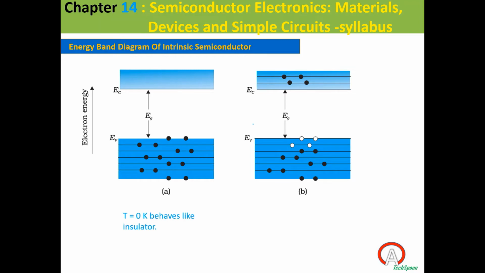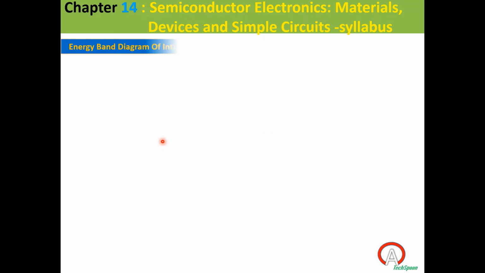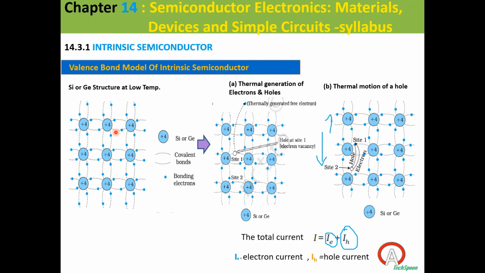See, the first figure is the temperature at 0 Kelvin. 0 Kelvin means very low temperature. We have an insulator. So this is the valence band and this is the conduction band. In the first figure, there is no free electron.